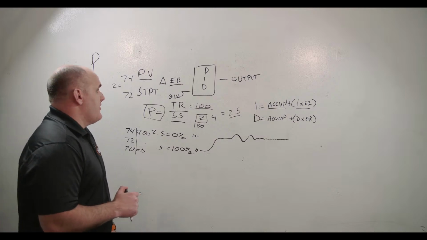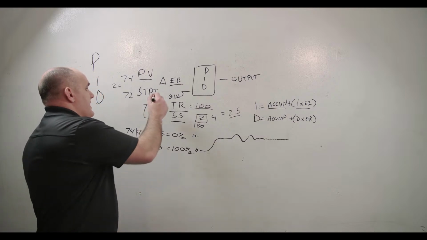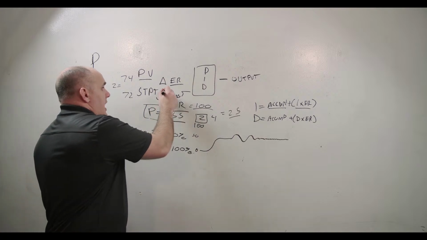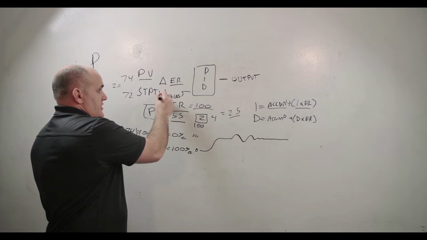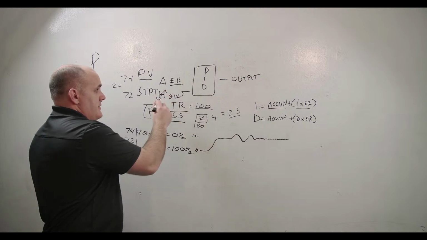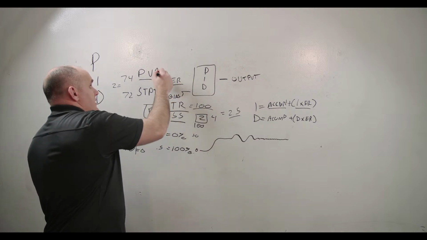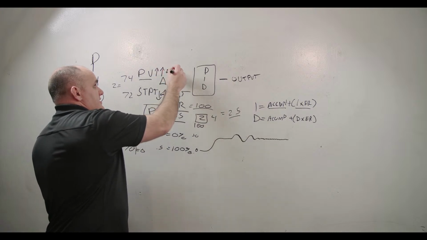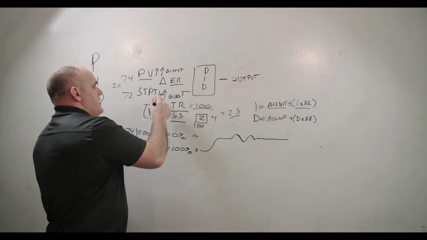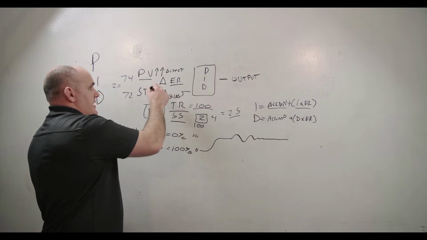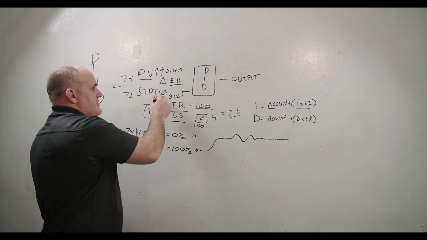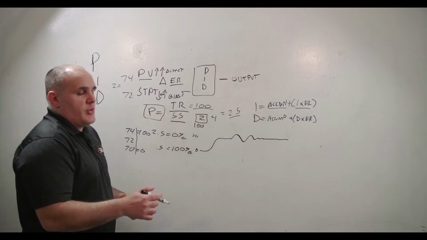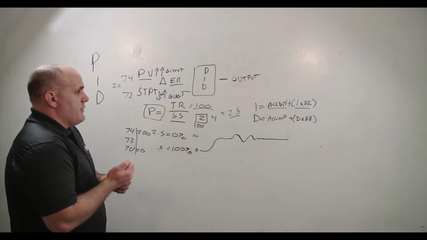So reverse acting is like, if you go down, you wouldn't expect it to go up. You notice how they're in reverse? Now, if you go up, you would expect it to go up. That's direct. So you see direct, up and up. Going down, the process variable is going below set point, but yet the output's going up. That's reverse. That's the easiest way to remember direct acting and reverse acting.